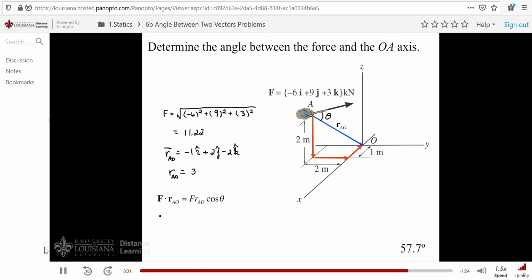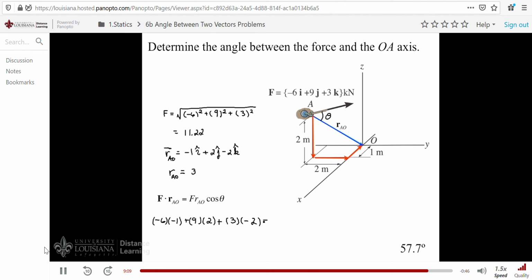Now we can apply the dot product and find our answer. First, we need to determine the dot product. So taking the terms, minus 6 times minus 1. Then we have 9 times 2. And finally, we have the product of 3 times minus 2. There we go.